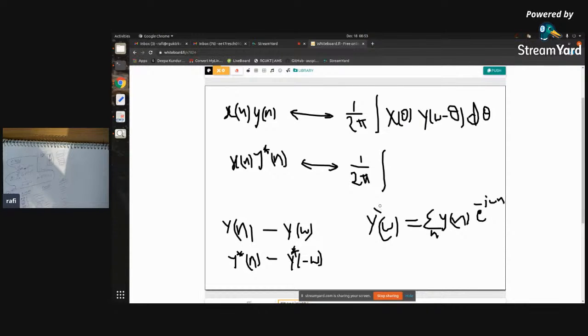When you take a conjugate on both sides, this will become y star and the exponent will become plus j omega. You can write this plus as minus of minus omega, so that this will become y star of minus omega.